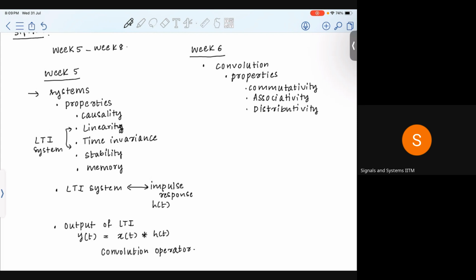And we have also seen how you can characterize an LTI system as a memory system, causal system, stable system, given the impulse response.